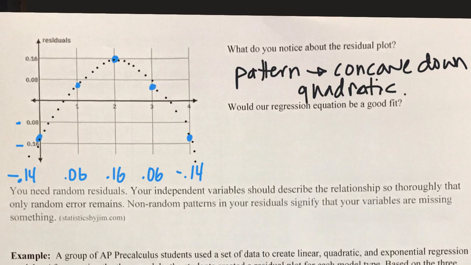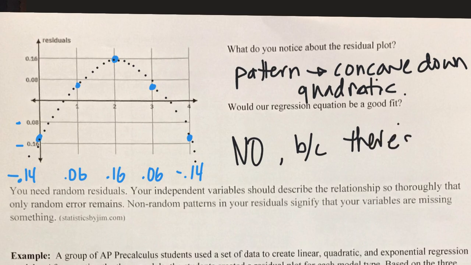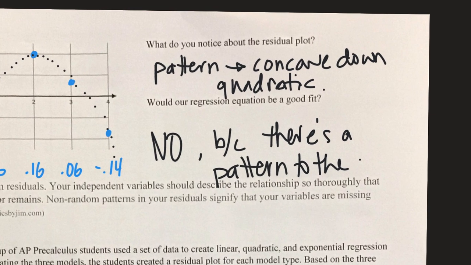So according to our box, was this regression equation a good fit? No. We would have to say no, because there's a pattern to the residuals. What's the difference between this question and the interpretation of the same question?